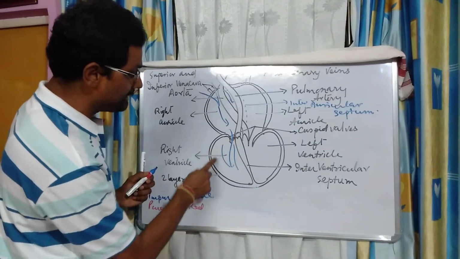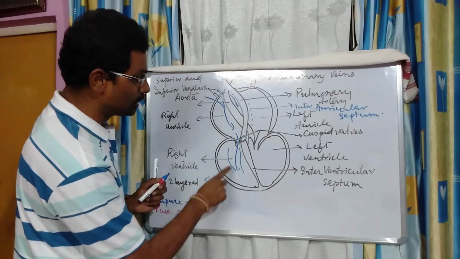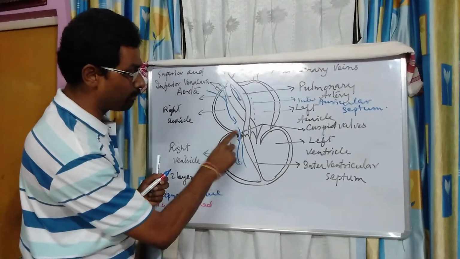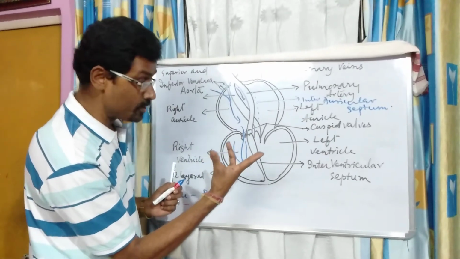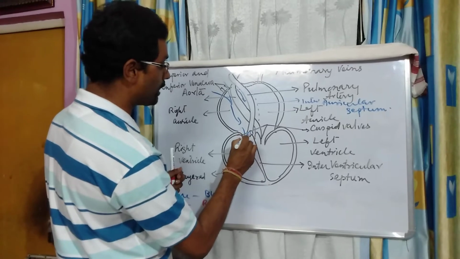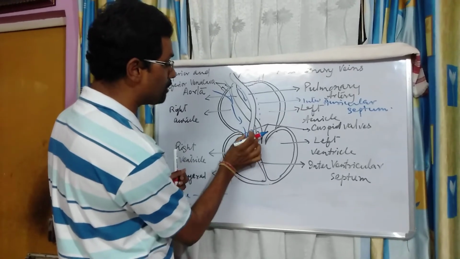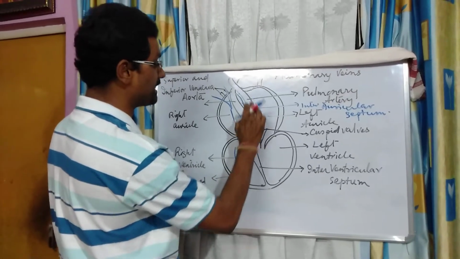Now again, when this right ventricle receives a huge amount of blood and the chamber is filled up, it undergoes contraction. Then what happens? There is the occurrence of a semilunar valve in the mouth of the pulmonary artery. See, this one is the pulmonary artery.